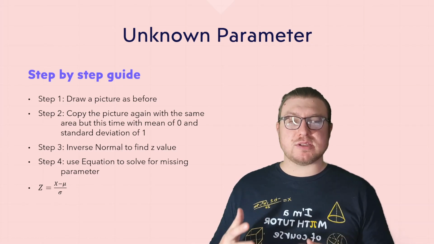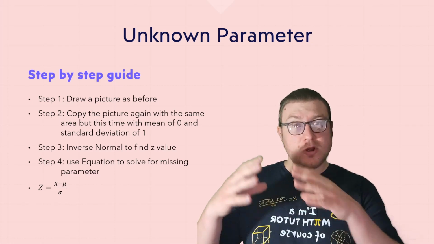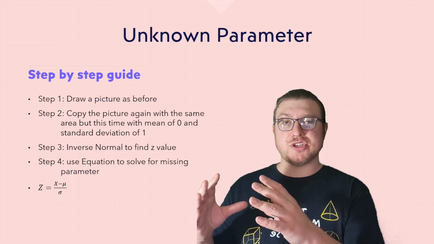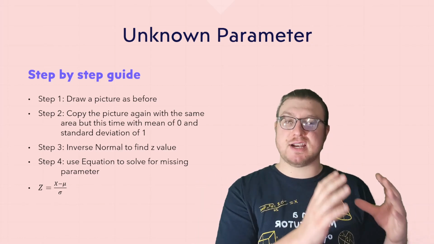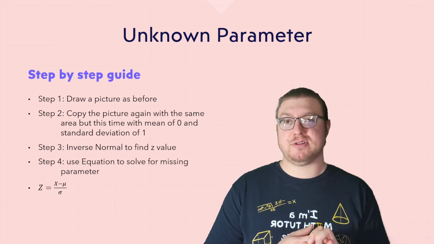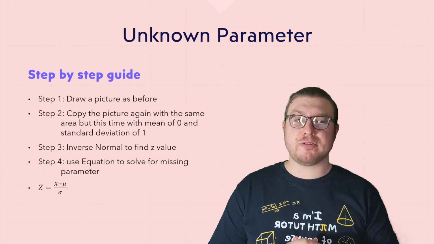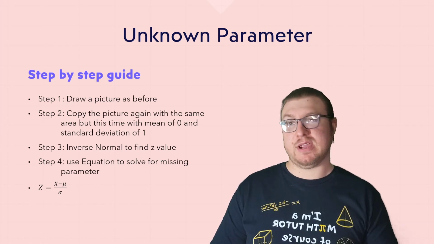So, as always, we're going to draw a picture. That's our first step. Then we're going to copy that picture and draw a second one just like that one, with one difference: our parameters are different. Our parameters need to be 0 for the mean and 1 for the standard deviation.